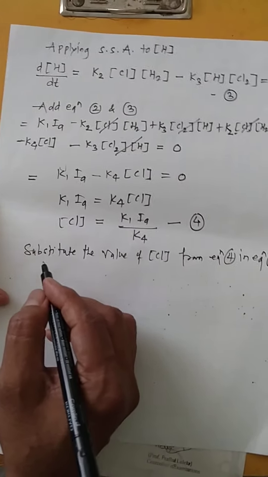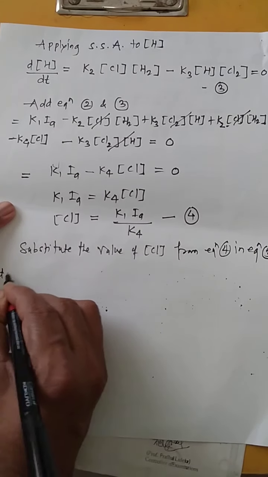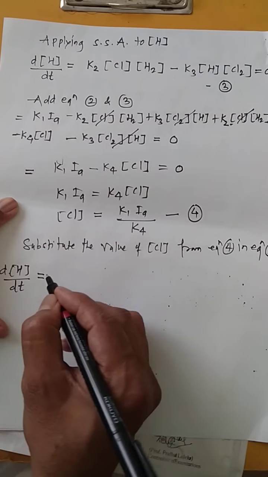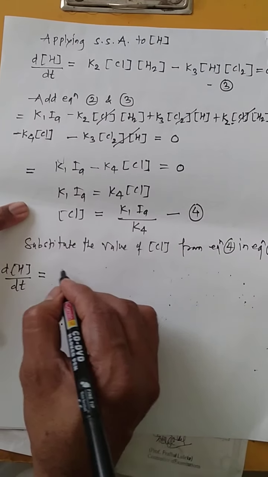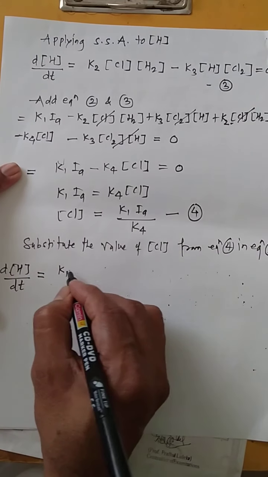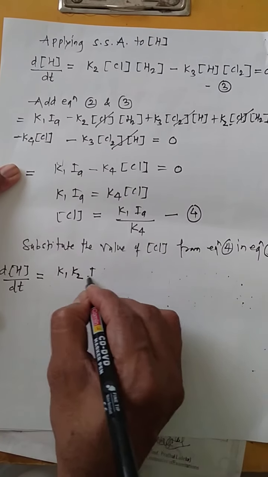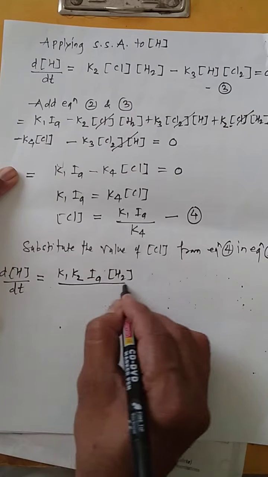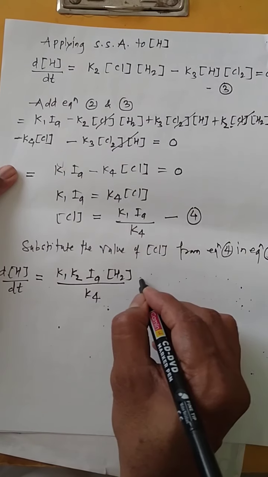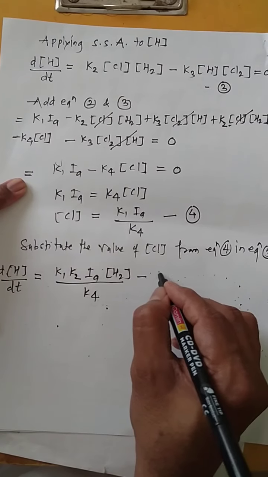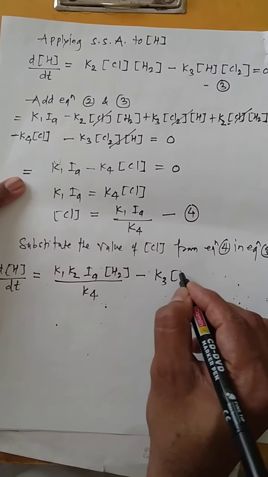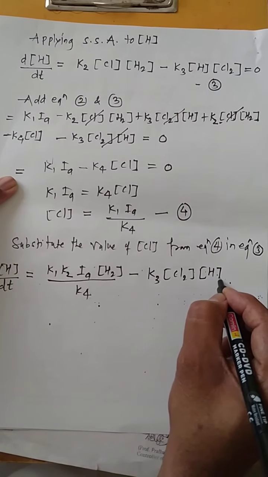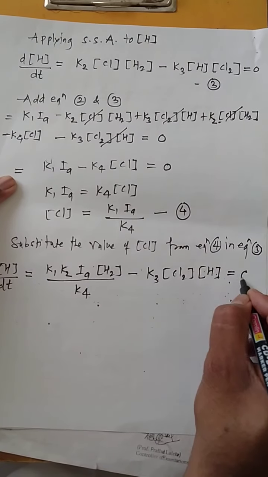We get the formation of concentration of H is equal to, first you write K1, K2 intensity absorbed concentration of H2 upon K4, minus K3 concentration of Cl2, concentration of H, this is equal to 0.